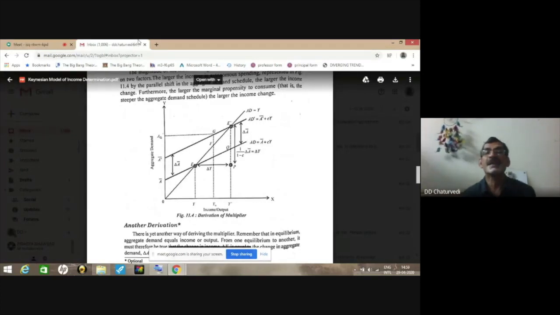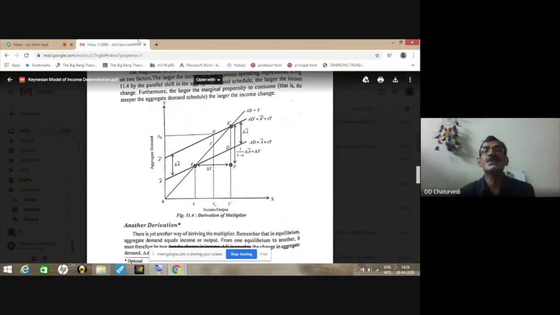So you can again look back to figure 11.4, wherein I have written that delta Y, which is shown by vertical distance, is also shown by horizontal distance. Horizontal distance delta Y is the same as vertical distance E dash P. Please remember, EP is delta Y, the horizontal distance showing change in income.